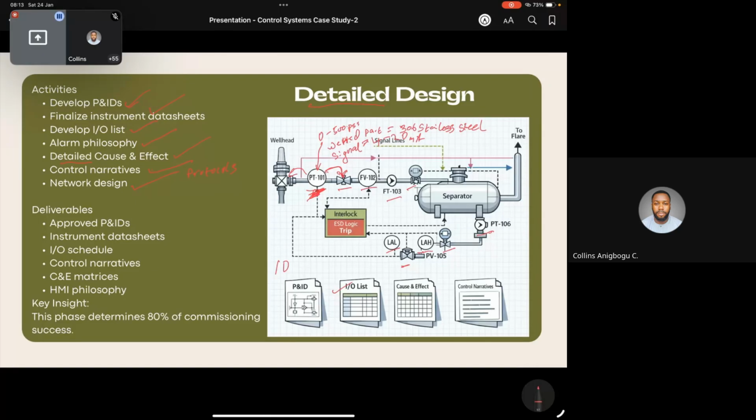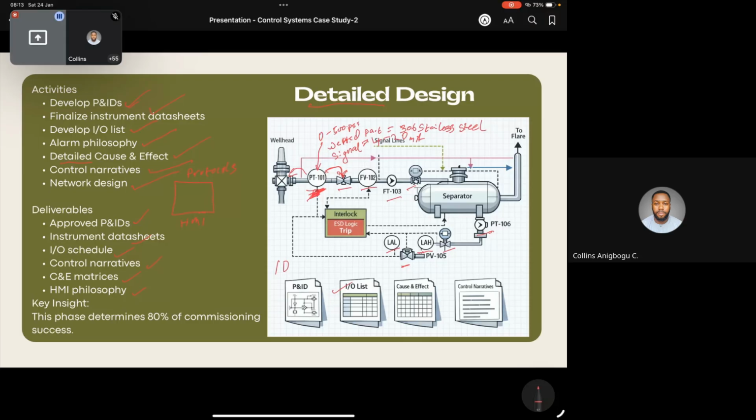Even at this level, you define how your HMI screen will look. And the deliverables you get are approved P&IDs, your instrument data sheets, your IO schedule, your control narratives, your C&E matrices, and your HMI philosophy.